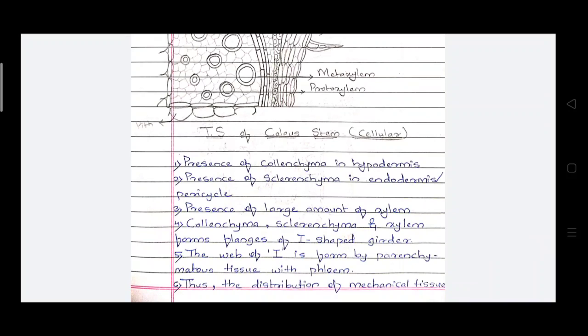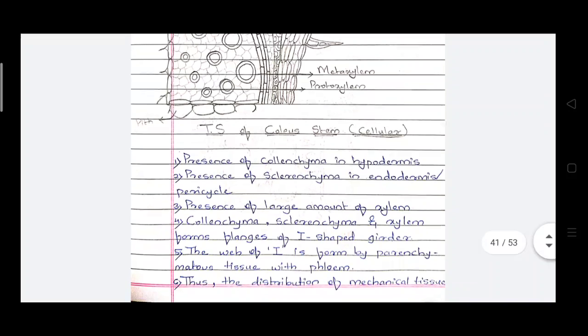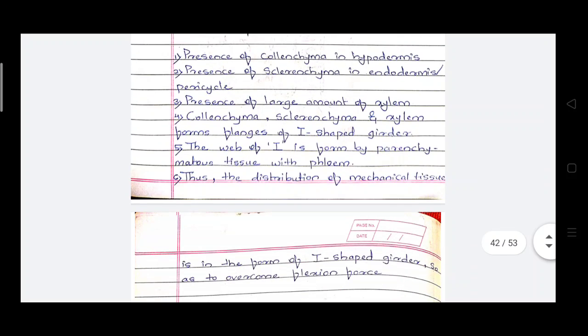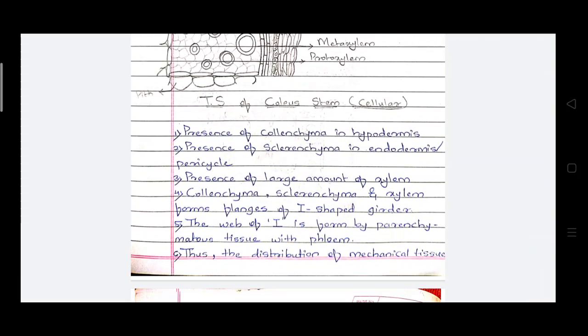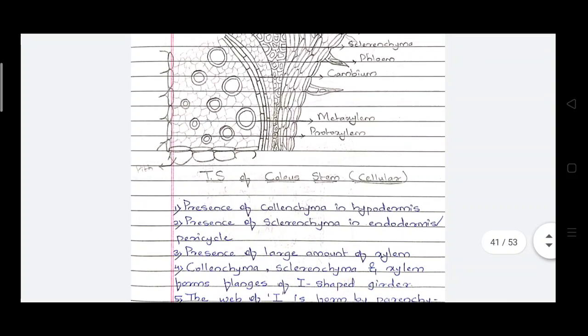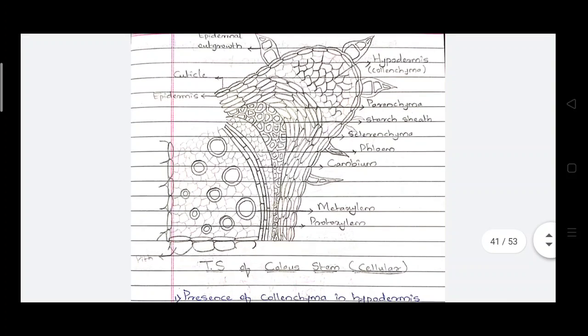So this distribution of the mechanical tissues is in the form of I-shaped girdles. It overcomes the flexion force.